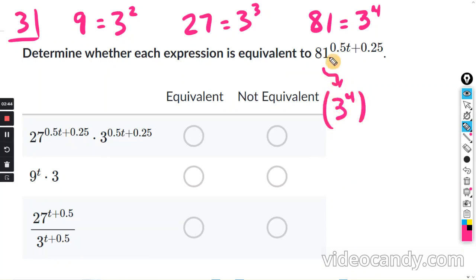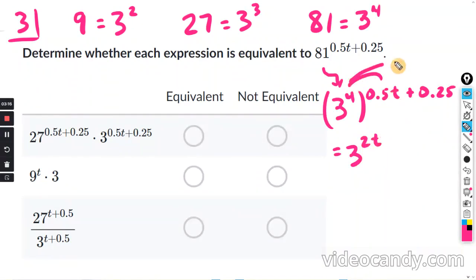And the exponent on the 81 is 0.5t plus 0.25. Recall that when you have something with an exponent raised to another exponent, the exponents just get multiplied. So this is going to be 3, and distributing, 4 times 0.5 is 2, and we still have t.